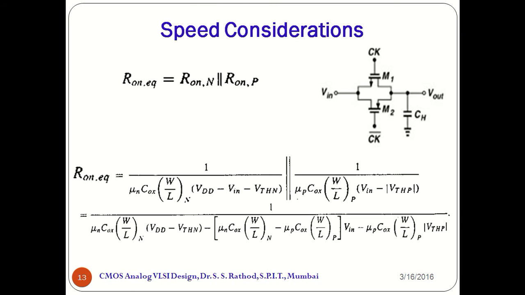Here interestingly, if mu n C naught x W by L of n is equal to mu P C naught x W by L of P, then you can see that there is no Vin, this factor will be 0. So Ron equivalent is independent of the input level.